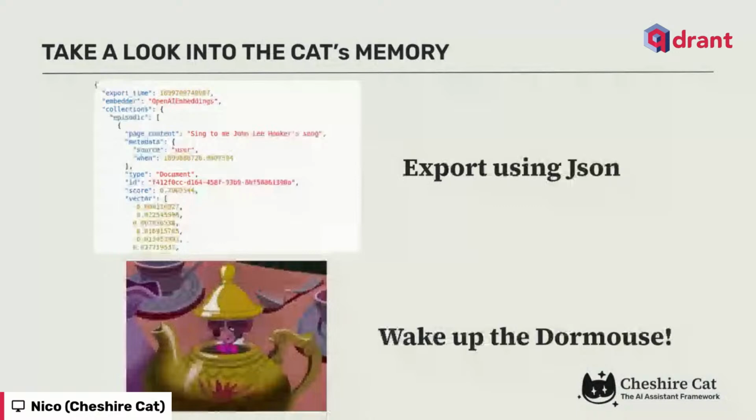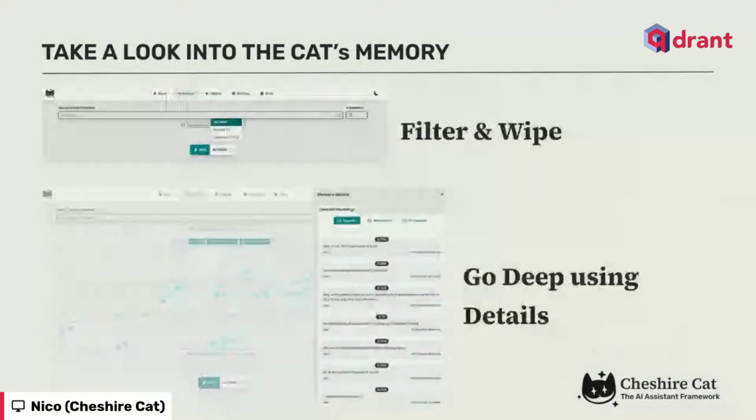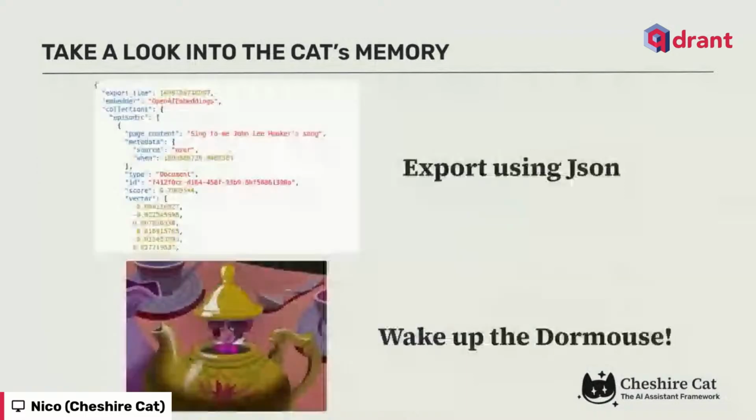Last but not least, we can export and share our memory in two modes. The first is exporting the JSON using the export button from the UI, or if you are very curious, you can navigate the folder in the project and share the long-term memory folder with all the memories. Or the experimental feature, wake up the Dormouse.